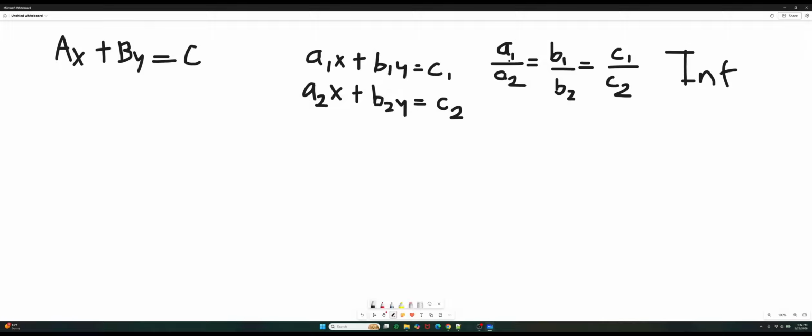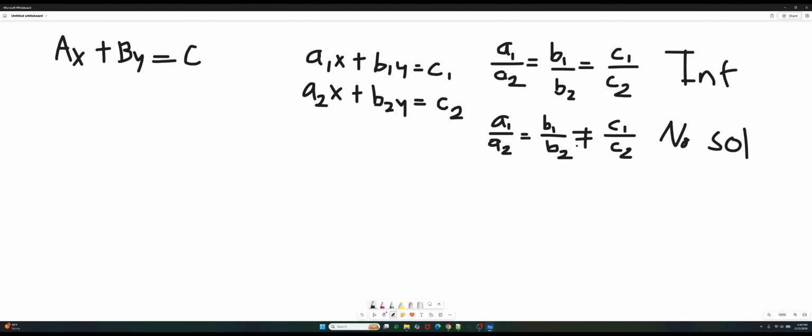So if the ratio of A equals the ratio of B equals the ratio of C, it has infinite solutions. If the ratio of A equals the ratio of B, but does not equal the ratio of C, that means the system has no solutions.